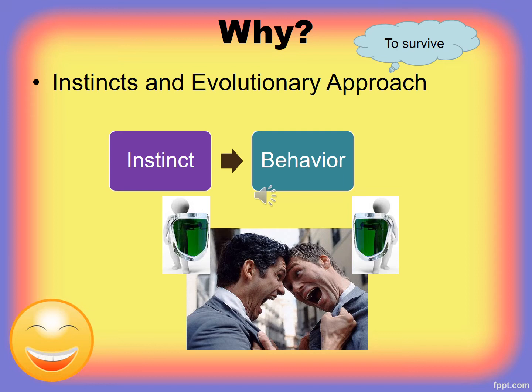For example, animals do have the instinct to perform certain activities such as building their nest, protecting their own family, such as their offspring, so that they can continue their generation. Whereas for humans, William McDougall proposed that we have 18 instincts.